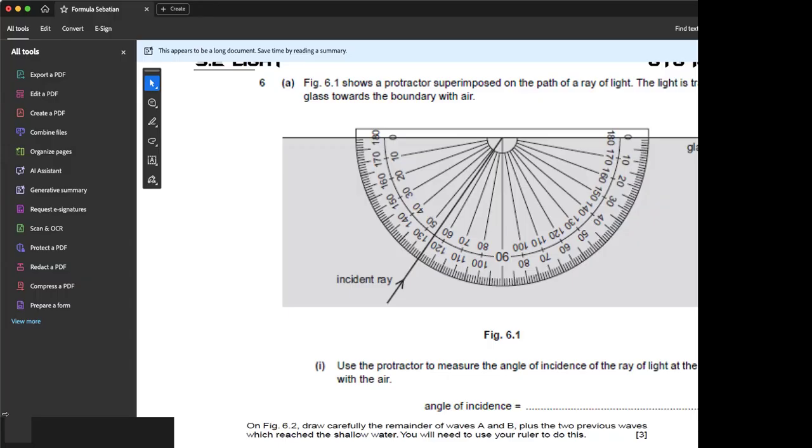Okay, I just want to know where should the incident angle be? Draw on the diagram, show me where should the incident angle be? That's the incident ray. Where should the incident angle be?